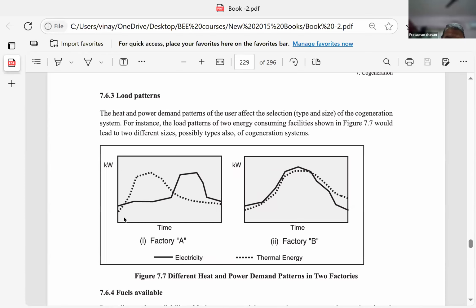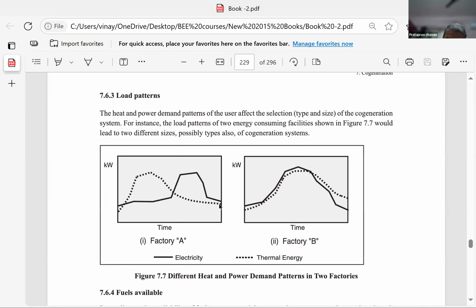That means their load in the morning is less, then it increases because some processes they start in the afternoon and have very high consumption of electricity. On the contrary, when the electrical requirement was less, the machinery was down. At the same time, the furnaces were operating full because they wanted heat sourced to the process. The processes which use heat are maximum in the morning time.